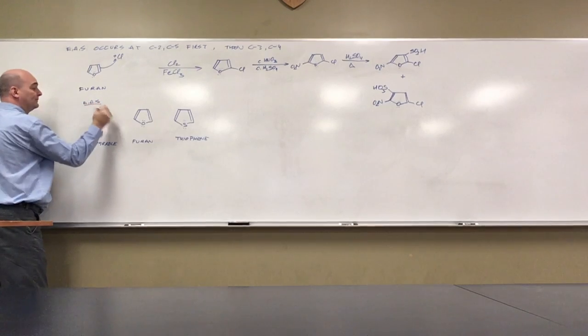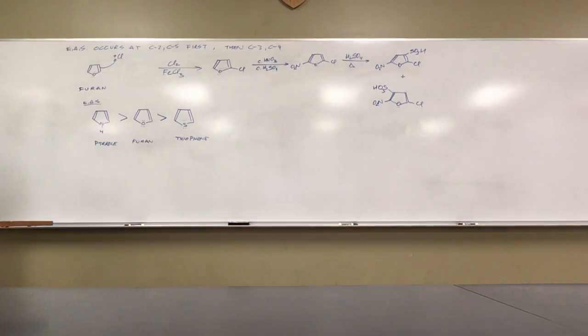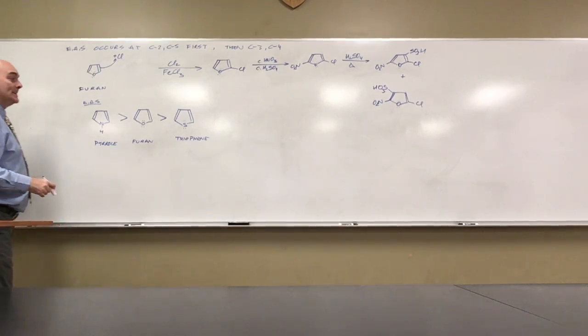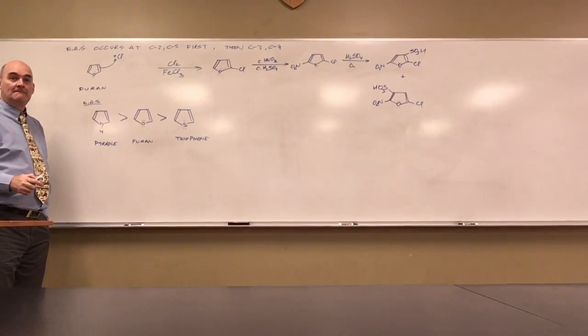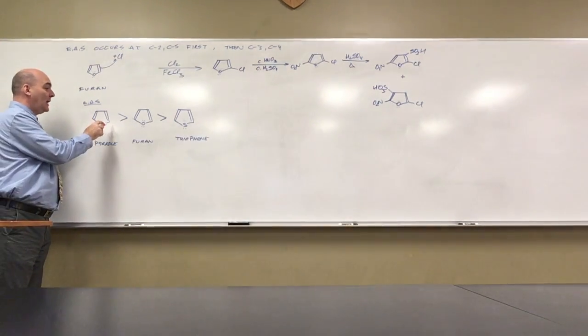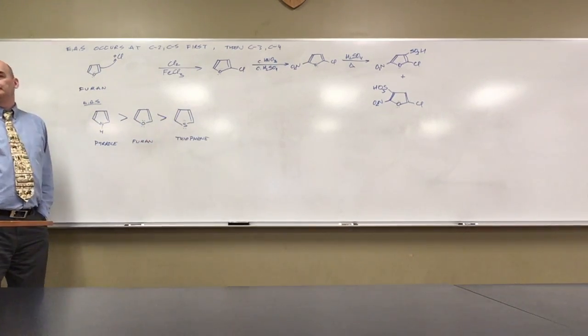So they all do it, but the ability of pyrrole to do electrophilic aromatic substitution is a bit better than furan's, and furan's is better than thiophene's. Basicity. Is it basicity? Close. So what trends do we have? Well, we can't do all 3.